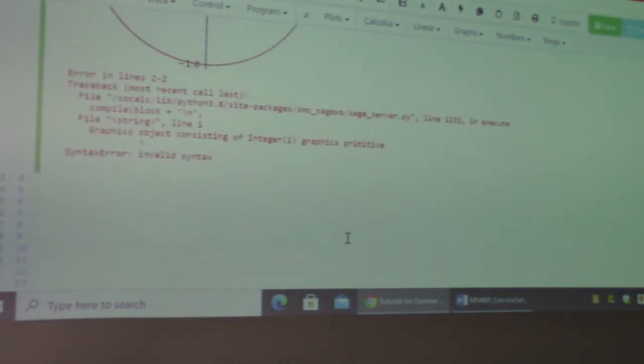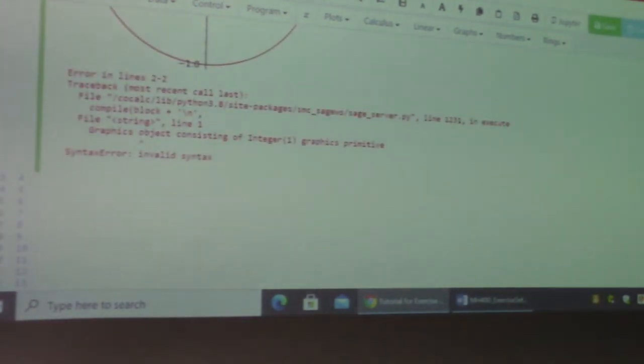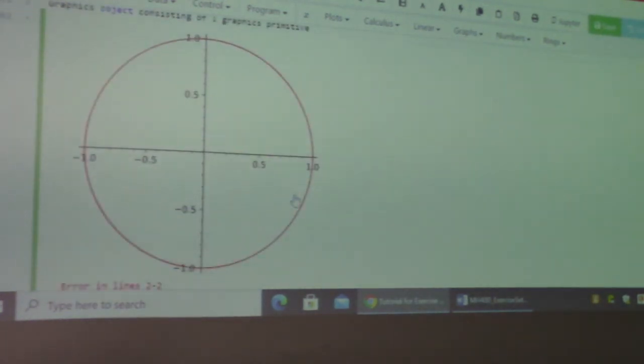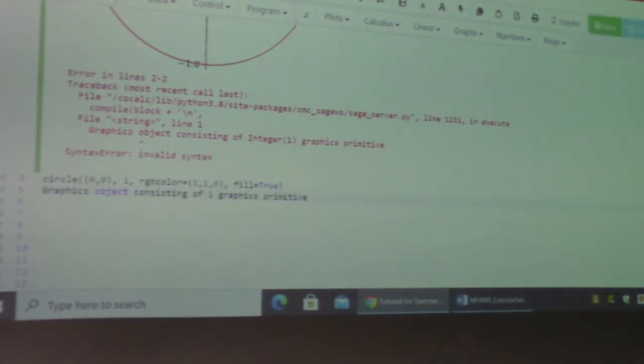Are you guys getting this error too? Nope. Oh well. Anyway, it's not happening to you, so great. Let's see here, I'll go to the next one.